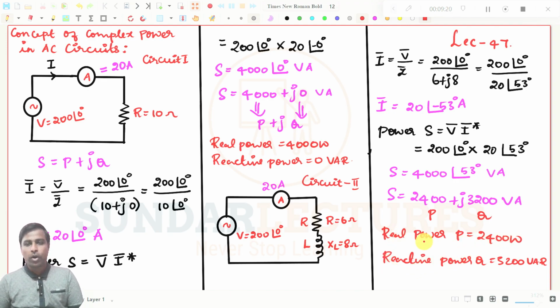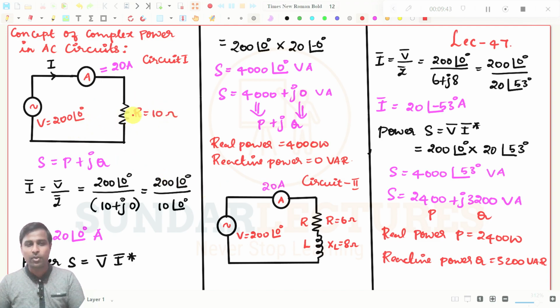Both circuits draw the same current, that is 20 amperes, but this particular circuit has real power of only 2400 watts. But this circuit draws 4000 watts, that is fully real power.